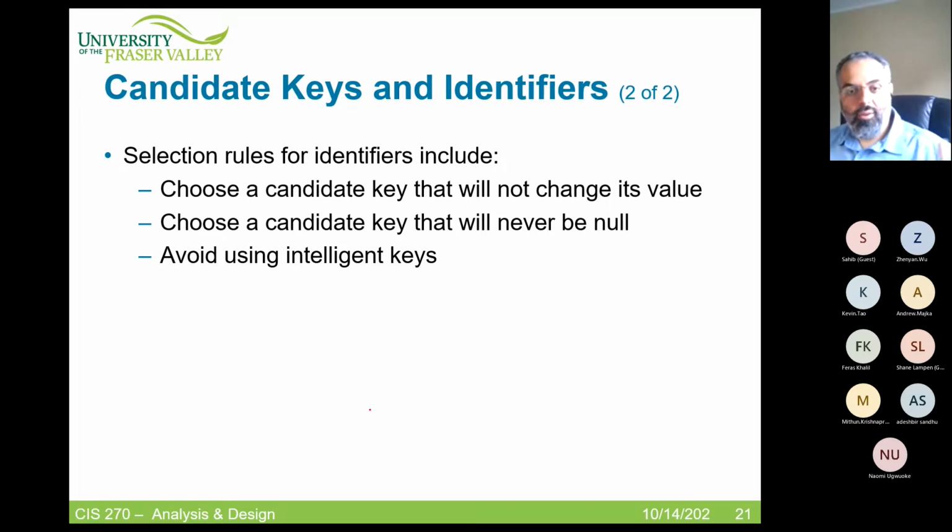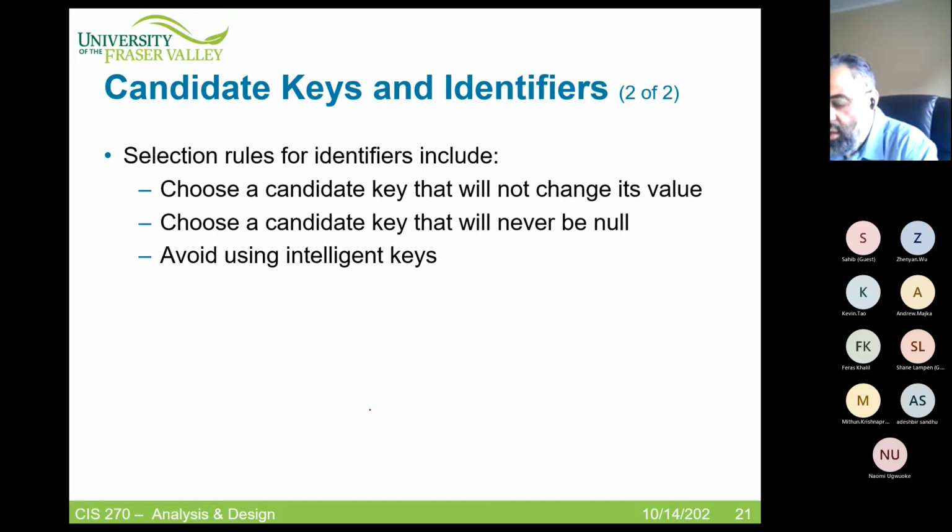Because if the same ID were given to another student, there would be some overlap between different files for the students. So if you have different candidate keys, choose the one that you believe is unchangeable, and for sure unique and not null. There's no duplication. You can't have two students with the same ID.